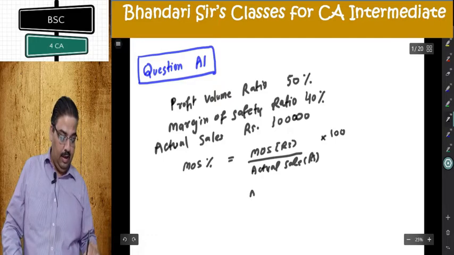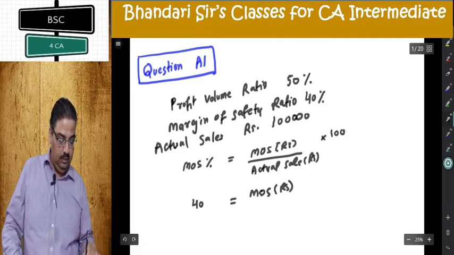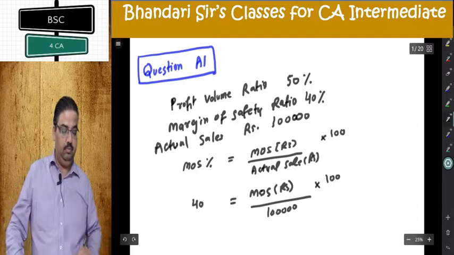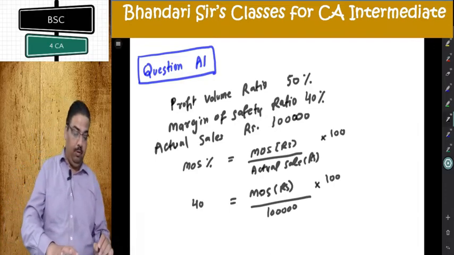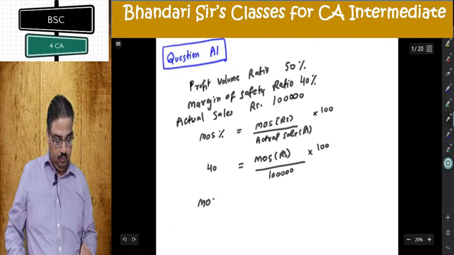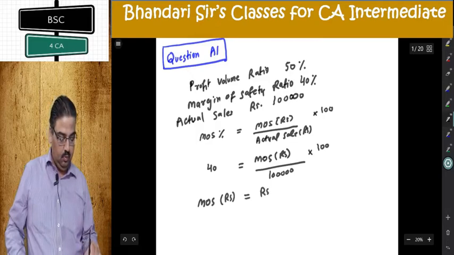From there I get MOS in rupees. This is equal to 40 divided by 100 into 1 lakh, and if I compute from there, I get MOS in rupees 40,000.